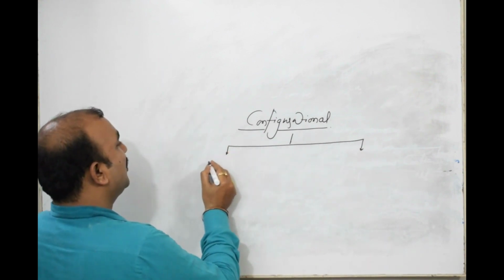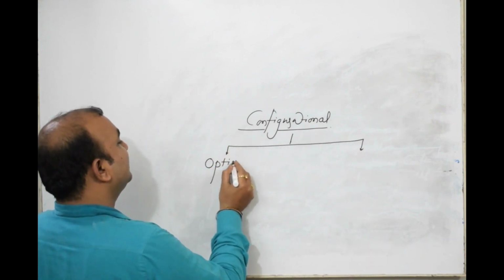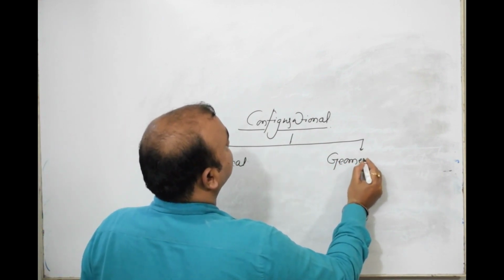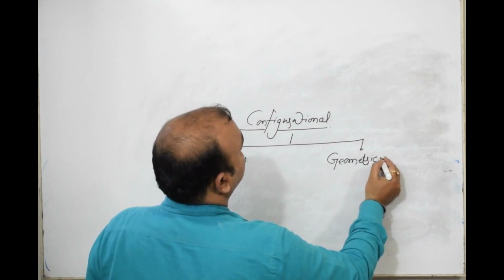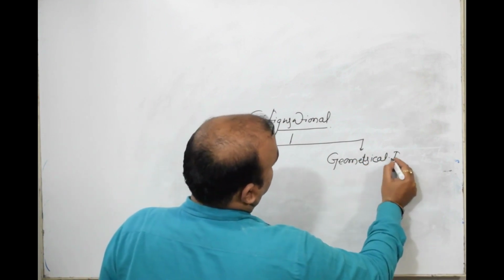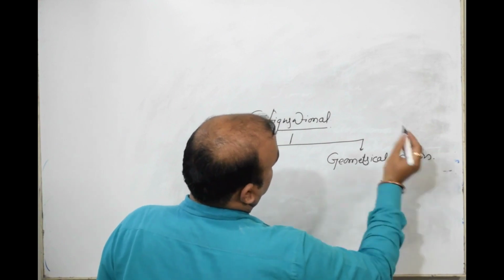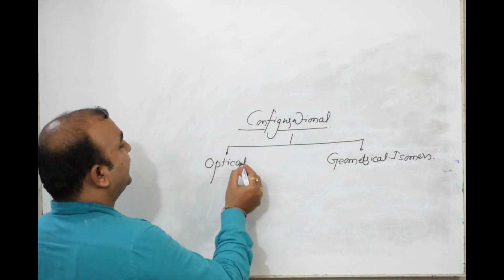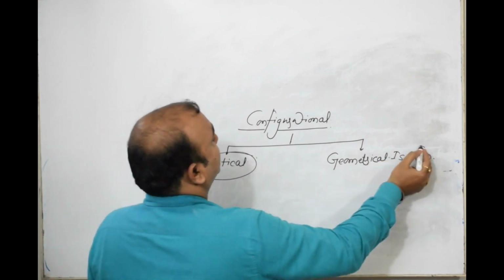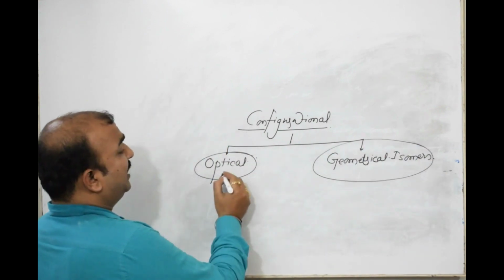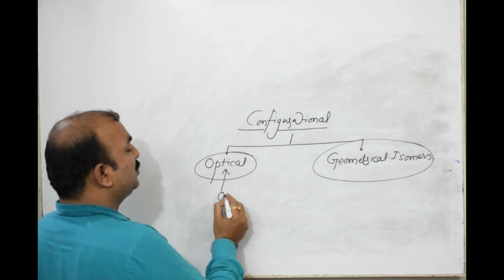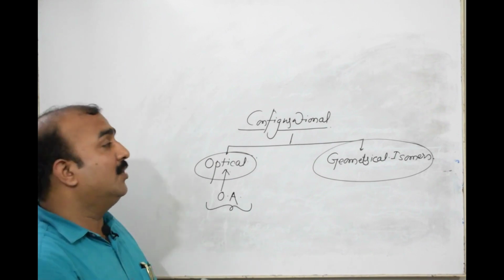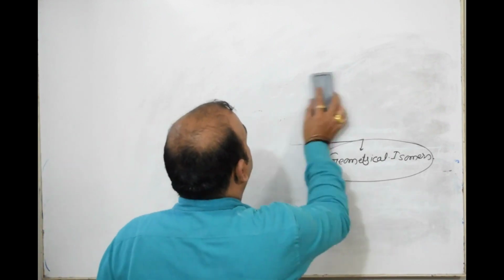Number one, optical isomer, and second one, geometrical isomer. Configurational isomer is further divided into optical and geometrical isomer. For understanding optical isomer, one should understand optical activity. What is meant by optical activity, or what is meant by an optically active compound?